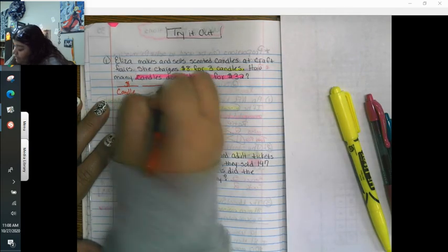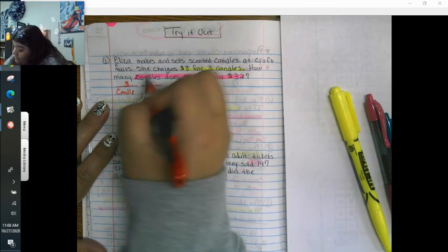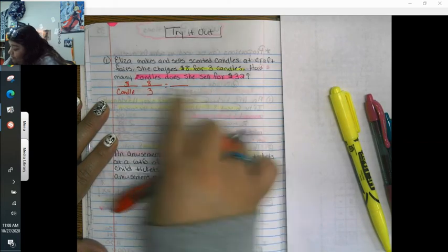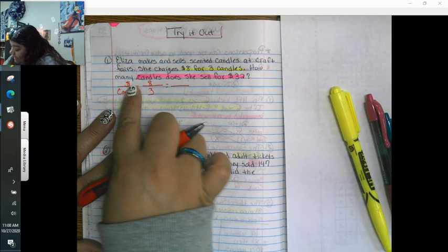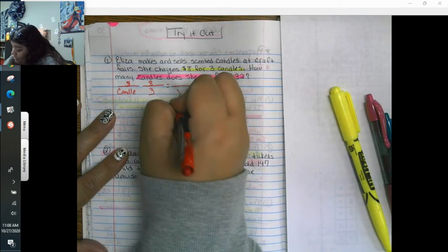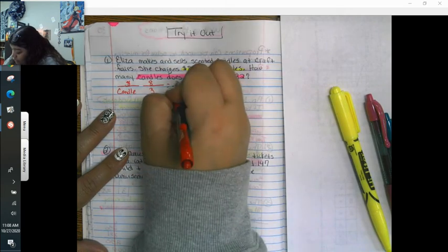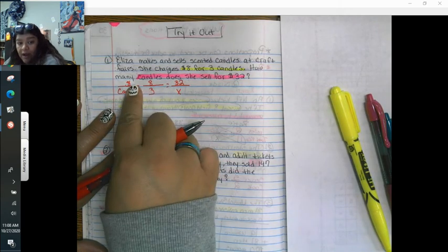Here she charges $8 because that's my money. 3 candles, there's my candle, there's my 3. How many candles, so I don't know how many she has. How many did she sell for $32? That $32 is a dollar amount, so it went on top, okay?